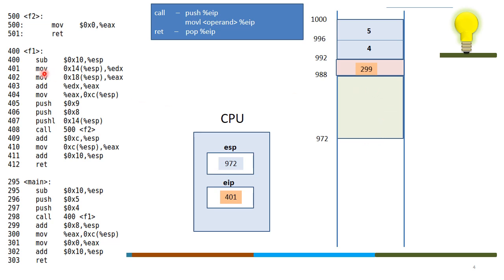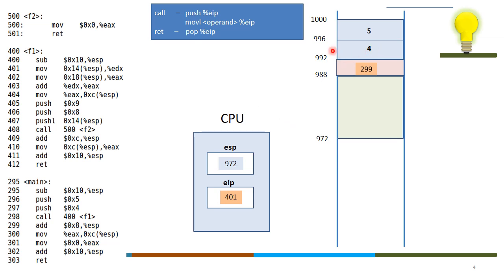Now move this value to EDX. Again, for reasons of brevity, we have not shown these operations. We will just logically see what's happening here. 14 plus ESP, so 972 plus 14 in hex; 14 in decimal is 20. 972 plus 20 is 992.